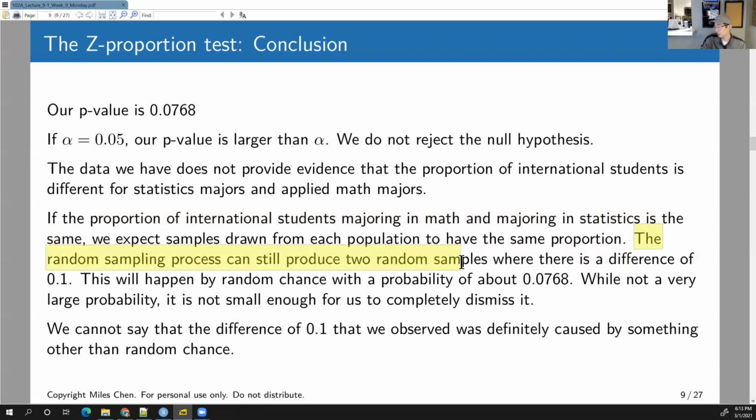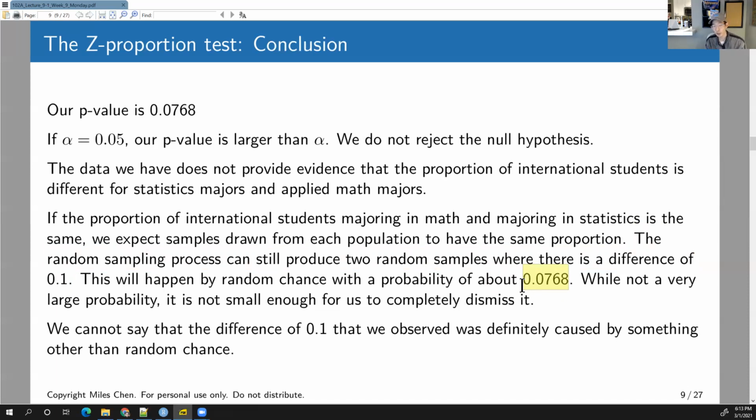But the math shows us that the random sampling process can still produce two random samples where the difference is 0.1, and this is going to happen just from random chance with a probability of around 0.0768, around 7 to 8% of the time.